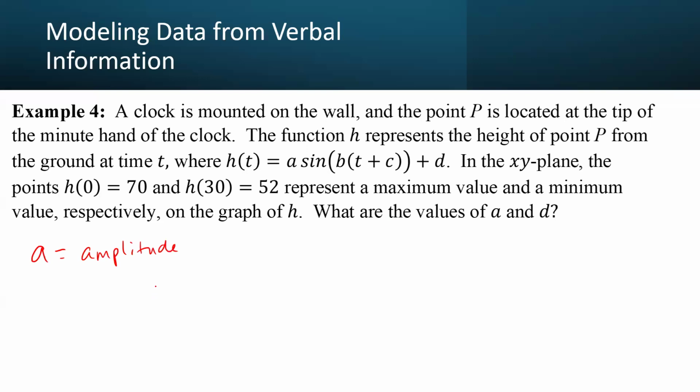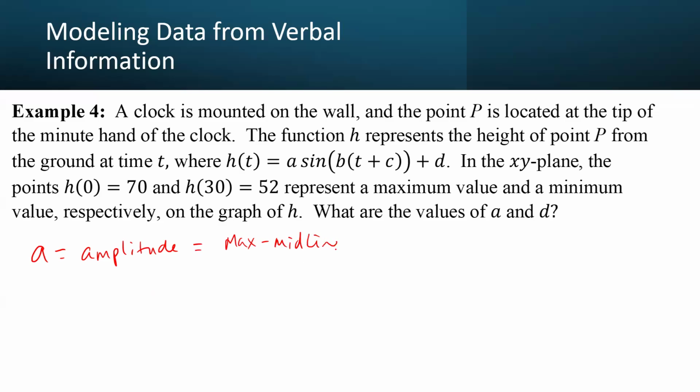So first we're going to do our A, which equals our amplitude. If we remember how to find amplitude, your amplitude is basically the distance from the midline to your max or min. So your amplitude equals your max minus your midline.